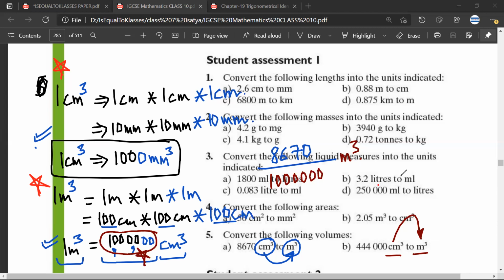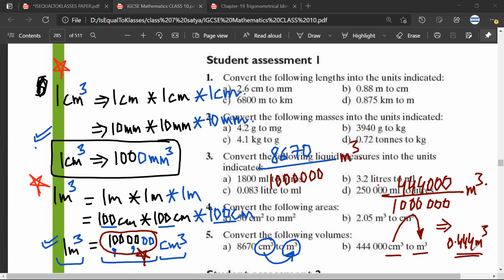Divide by what? 1 million. Shabash. The answer will be 0.34. Mr. Sarthak, any doubt? No, sir. Mr. Satya, any doubt? No, sir.